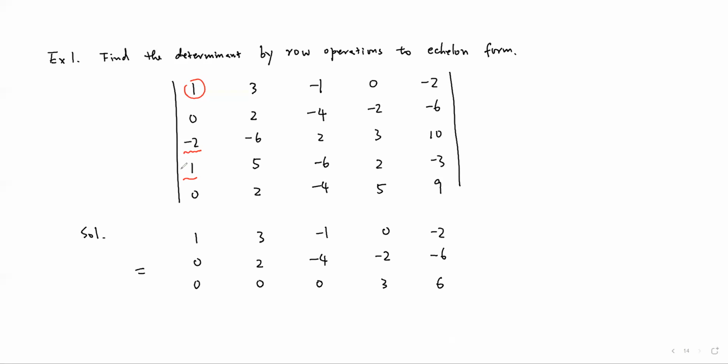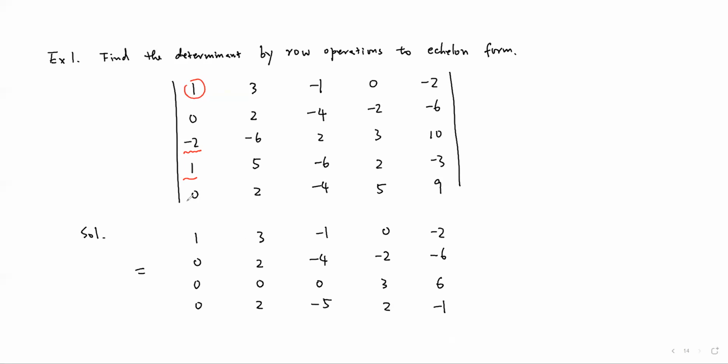Now, to eliminate this number 1, -1 times the first row added to this row. Then I get 0, 2, -5, 2, -1.